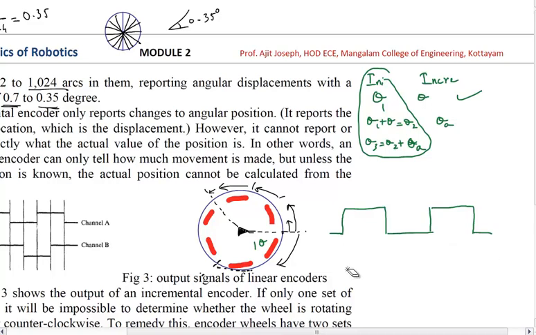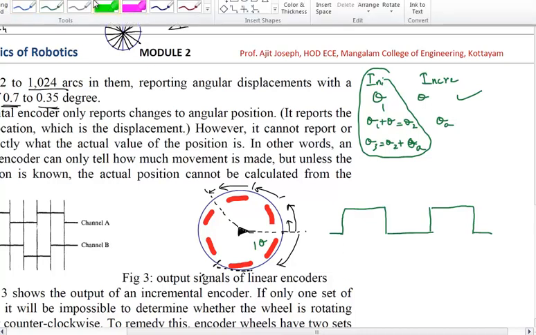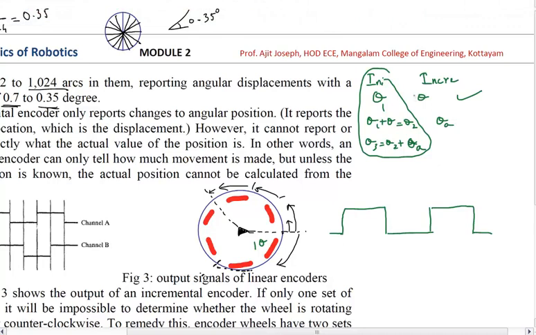So the problem is, how do we understand which direction it has rotated? Whether it has rotated in the positive direction or the negative direction. So let me again make the change here. If it is an increment, whether it's a positive increment or a negative increment, we don't know.